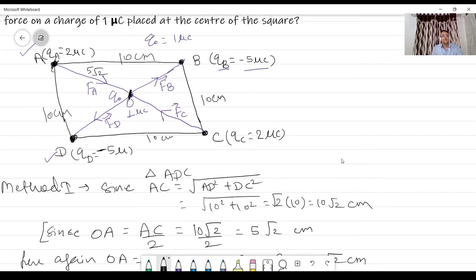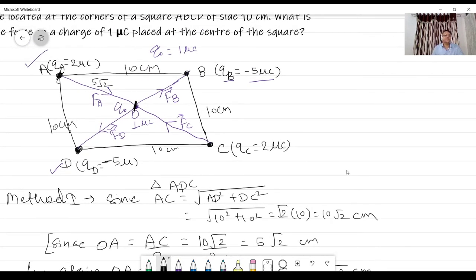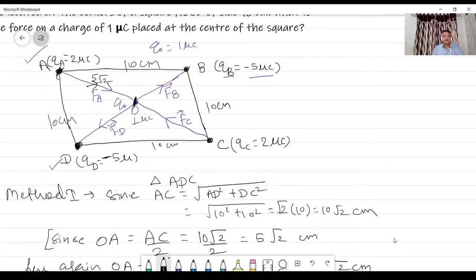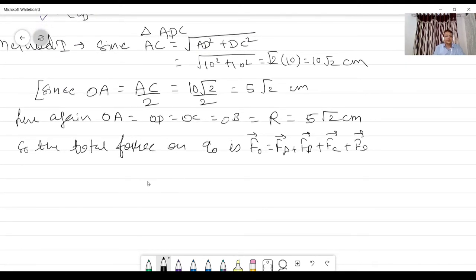But if you look at the force Fa, which is from a to o, and the force Fc, which is from c to o, both are in opposite direction. So I'll draw some vector directions. Let's suppose this is the point q naught, and as per the above figure, the force is going in this direction.